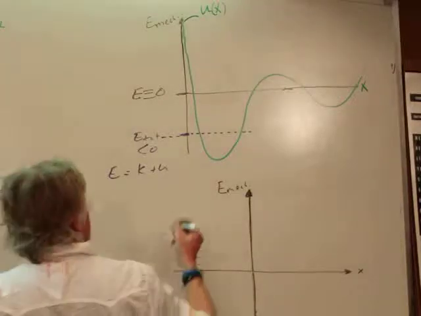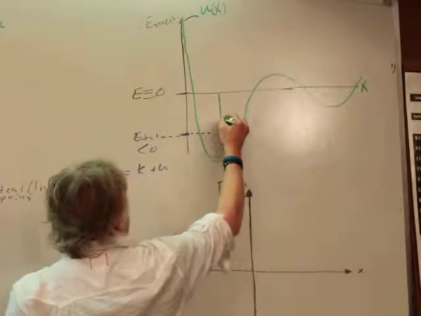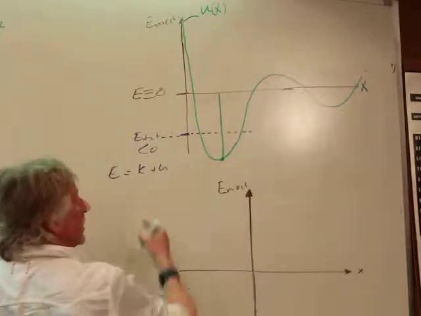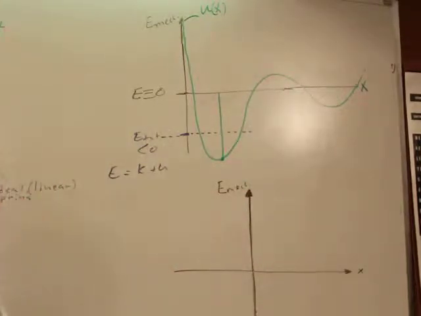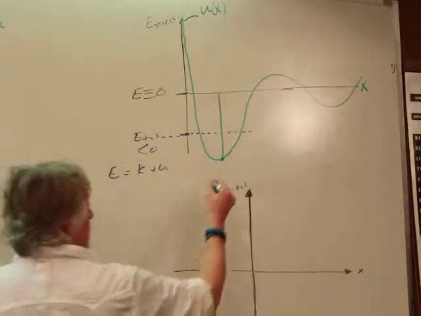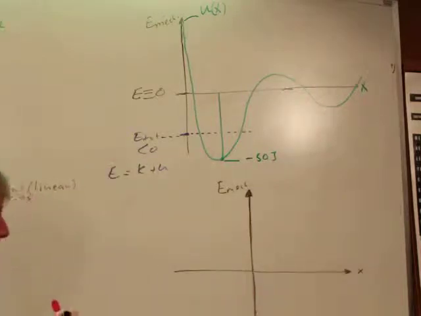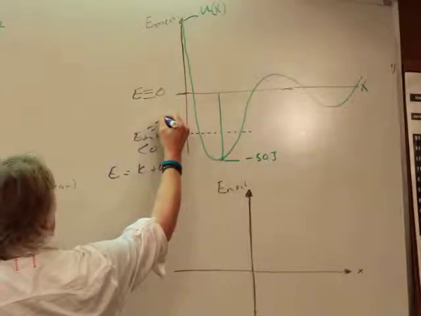Let's try this. Let's say this is negative 50 joules, and let's say that's negative 30 joules.